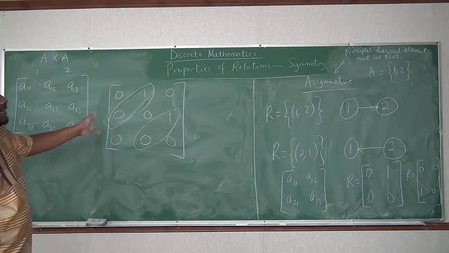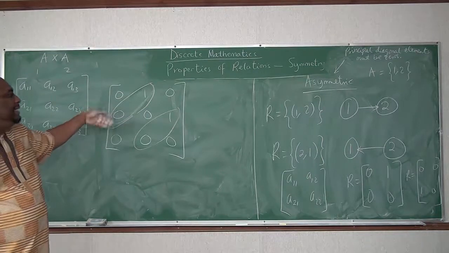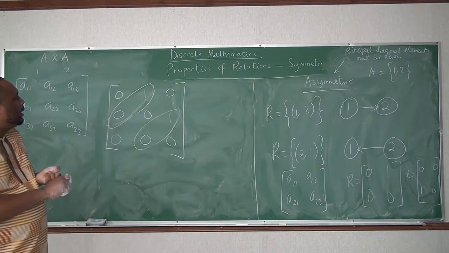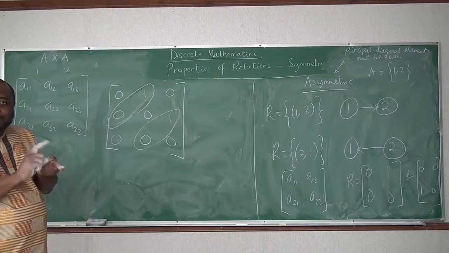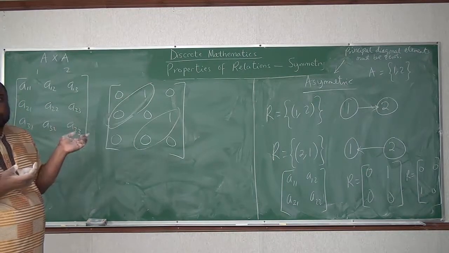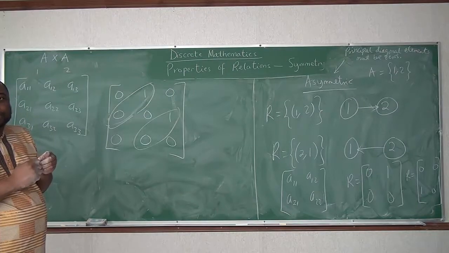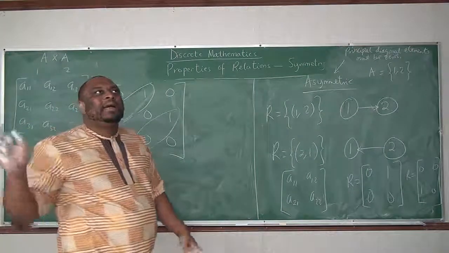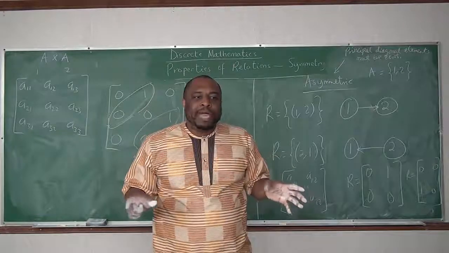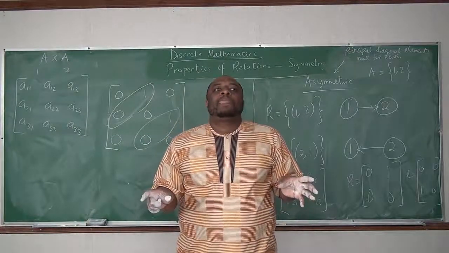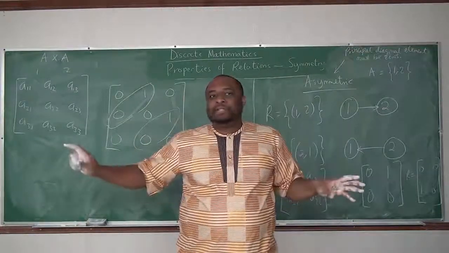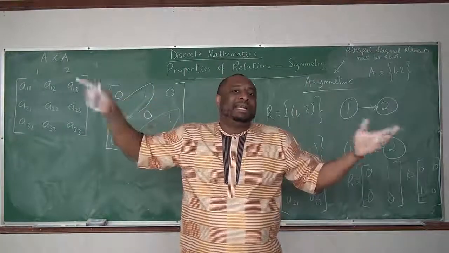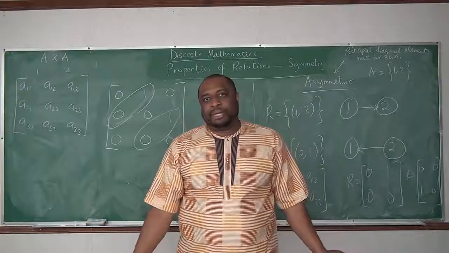And if you also look at this, you will see that this is both what? Asymmetric, and it is also what? Anti-symmetric. It's also anti-symmetric. Anytime you have zeros as the principal diagonal elements, okay, if it is asymmetric, then of course it has to be anti-symmetric.